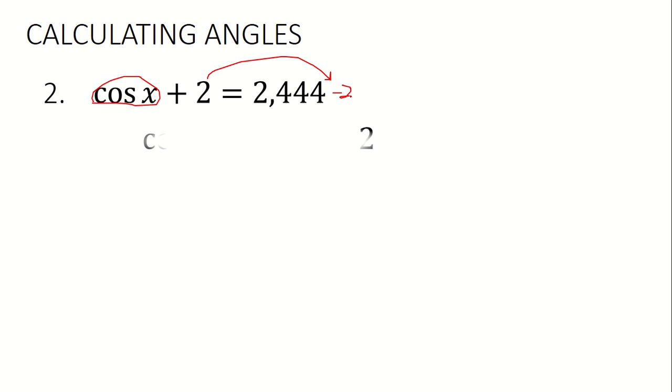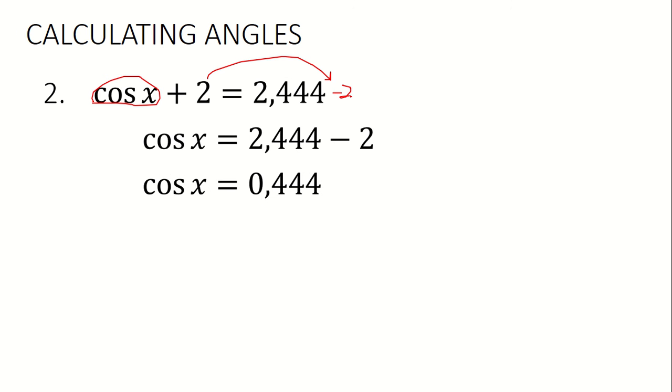On the right hand side, we will be left with 0.44, which is simply 2.444 minus 2, it'll give you 0.444. And now you can start solving for your angle once your ratio has been isolated and you have a constant on the right hand side.